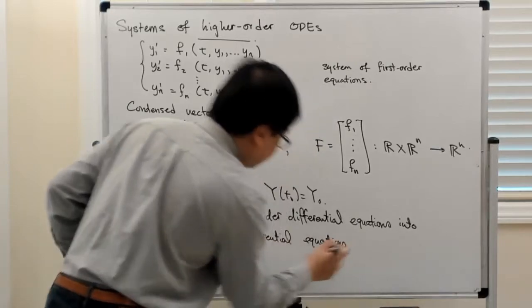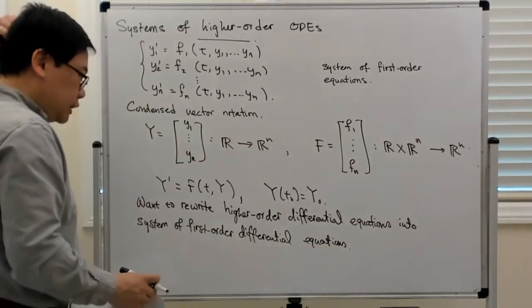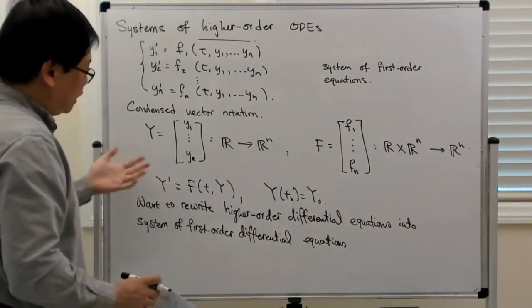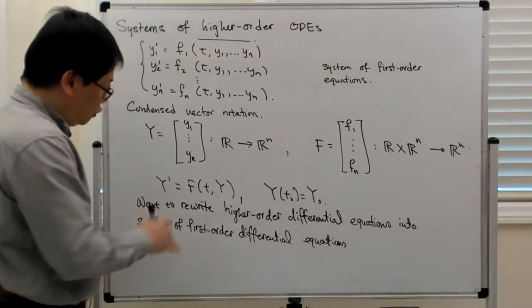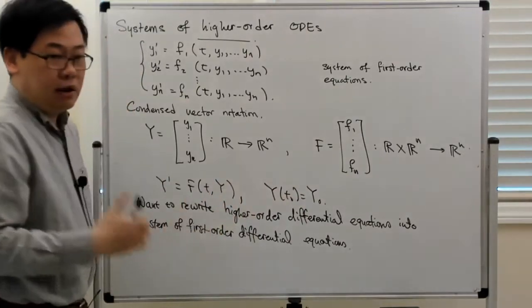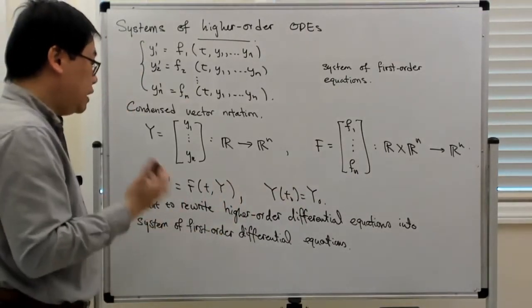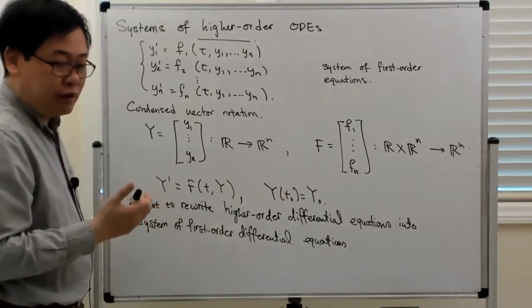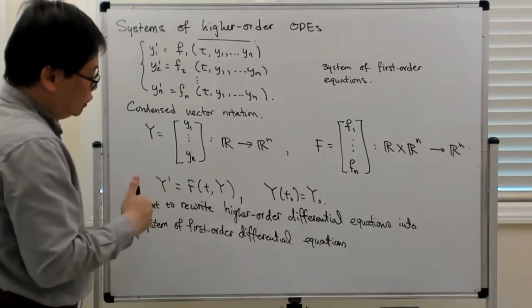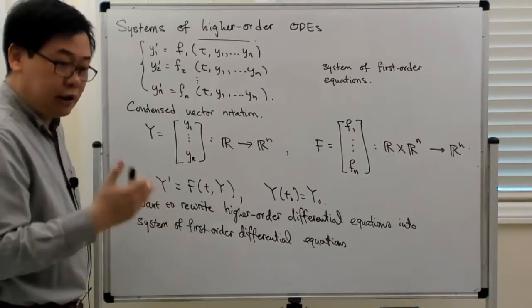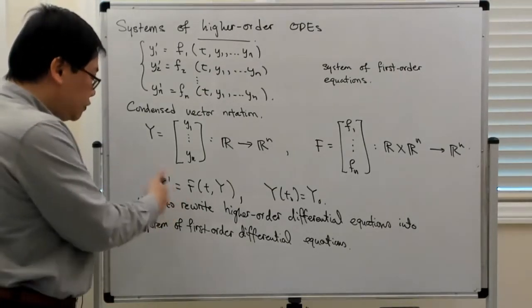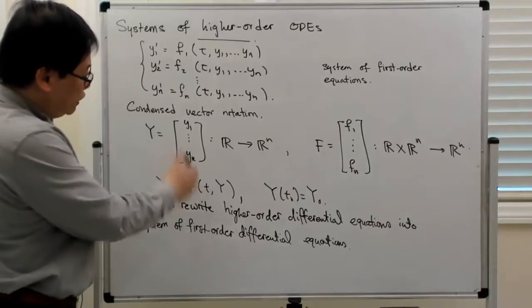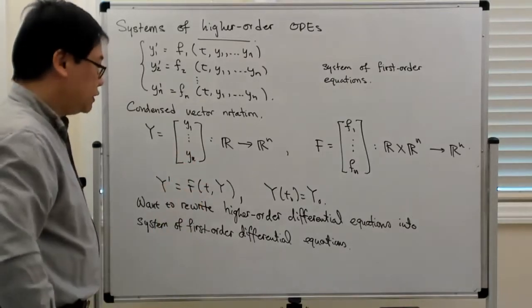Okay. And the reason why I want to do this is because when a higher order differential equation is written in this equivalent system of first order form, then you can apply many of these one-step methods which we've developed, as well as multi-step methods which we've talked about before for solving scalar differential equations. But everywhere you see a y, you think of this y as being a vector, and every time you see an f, you think of it again as being vector valued.